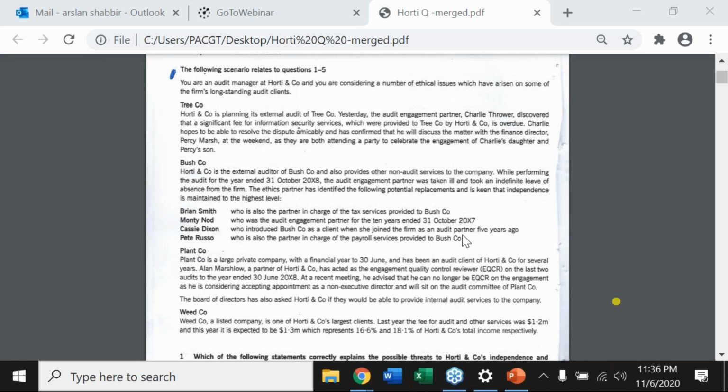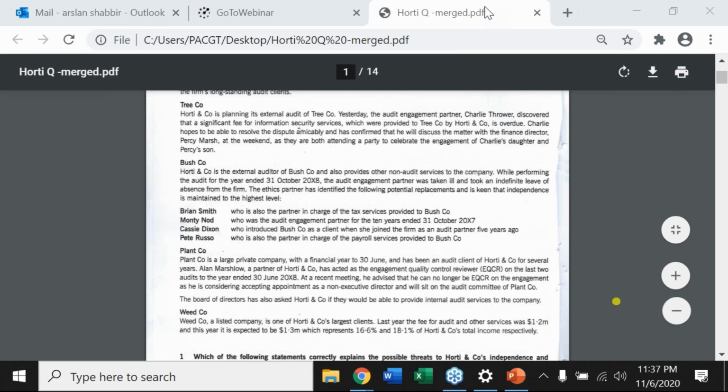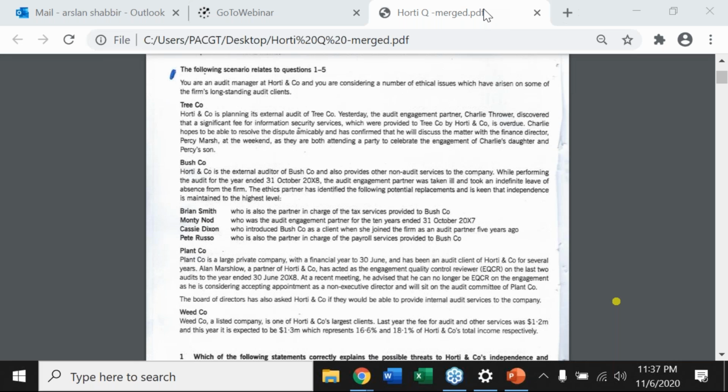This audit engagement partner just introduced the client and afterwards does not have any relation with it. So I think Cassie Dixon is the right option. Students, do you have any ambiguity in this second MCQ?